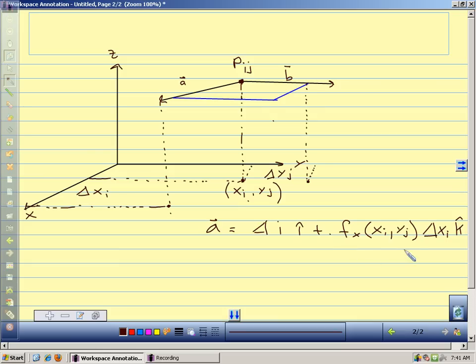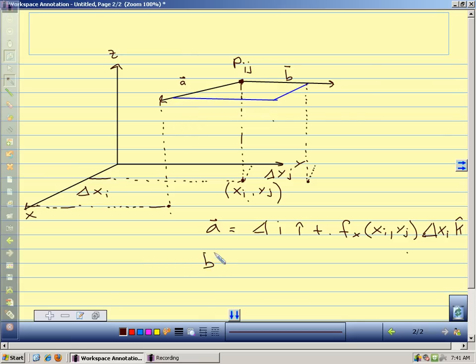So this is just our change in the z value of our function from point ij to the end of this vector. Does everybody follow that? Okay.